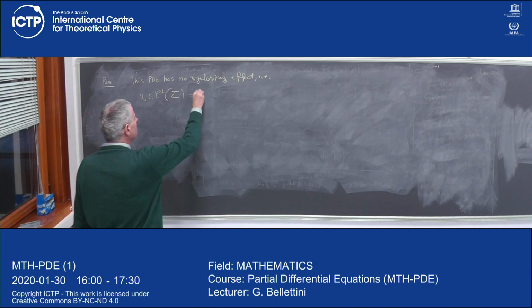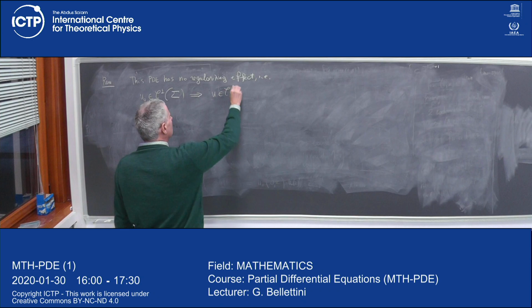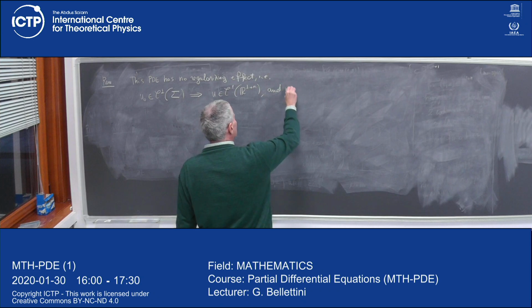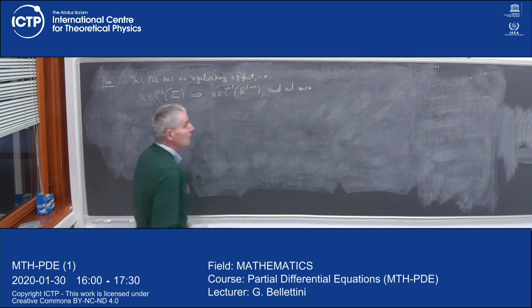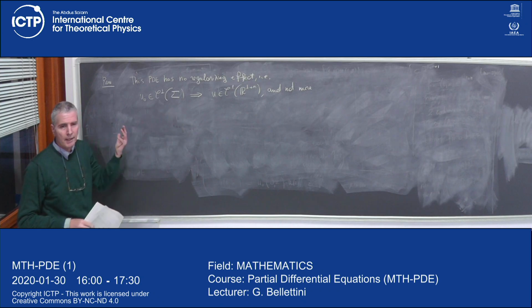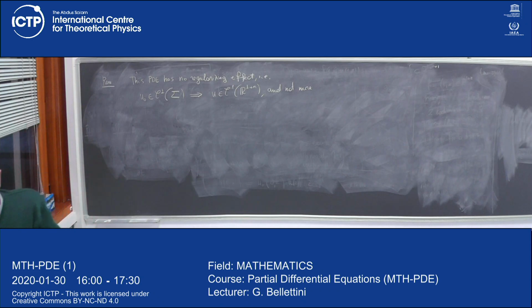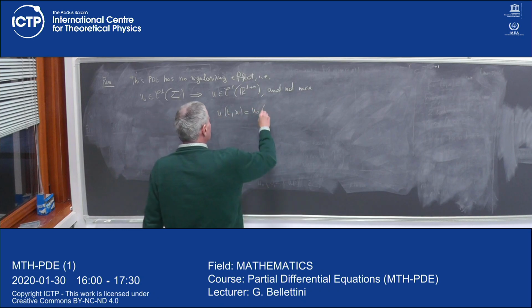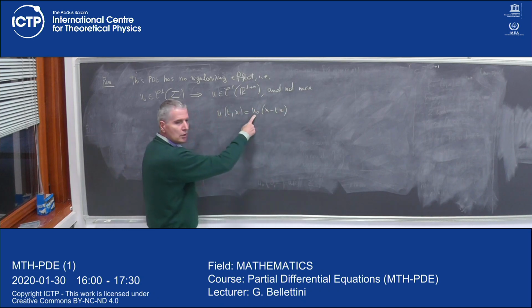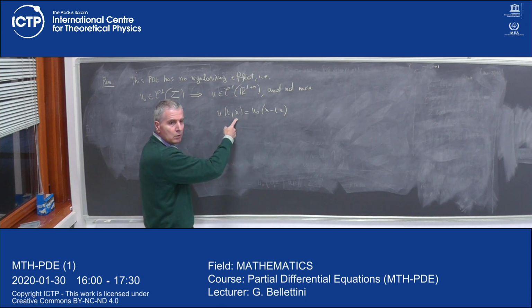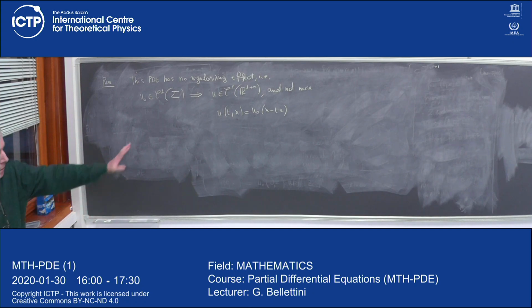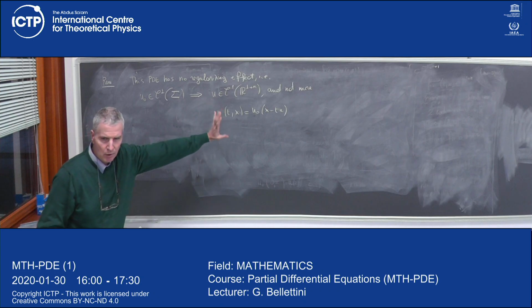It cannot be more regular than U0 itself. Why? Simply because the solution is U0 at x minus t. So if U0 is C1, U is C1, but surely not C2. Simply by the representation, this is trivial. If U0 is C1 but not C2, this cannot be C2. It remains as regular as U0 is, essentially.